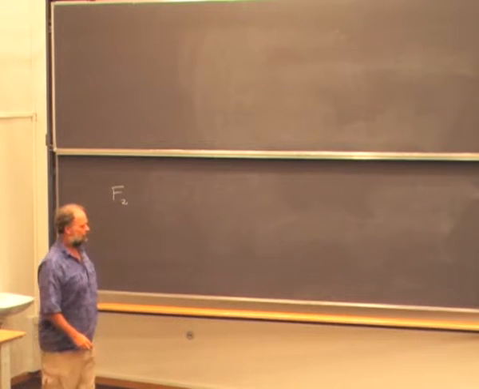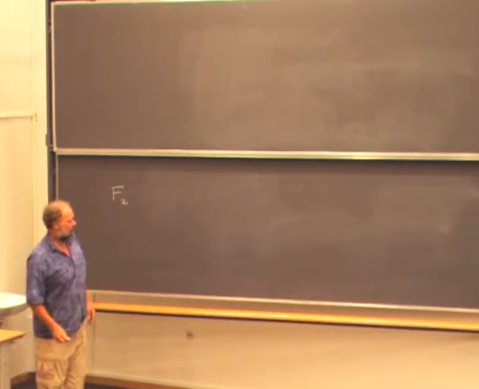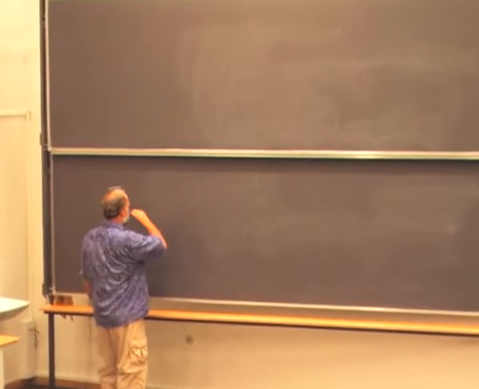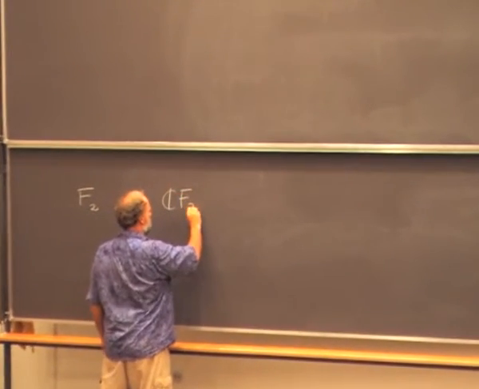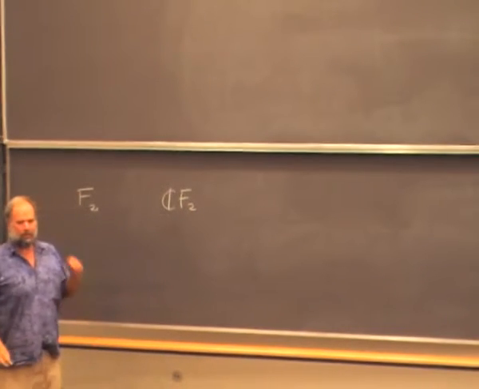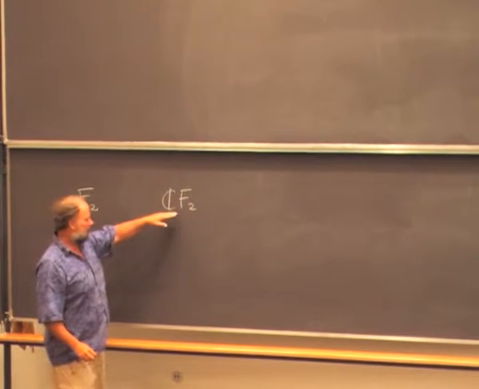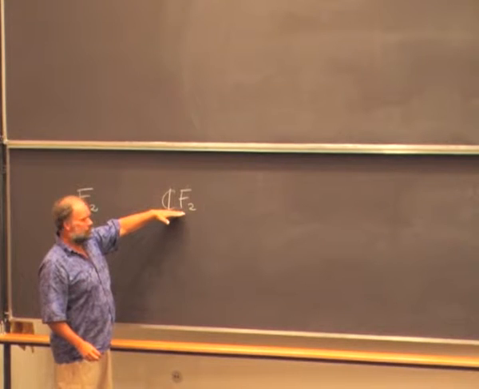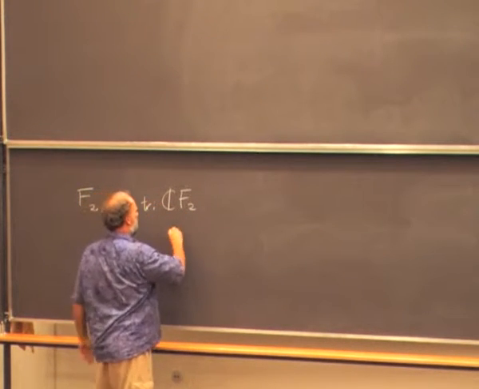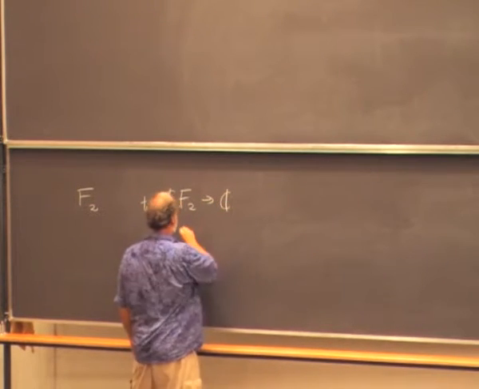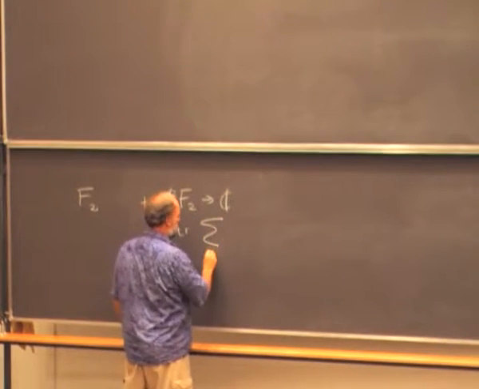But we're going to start with the free group on 2 generators. And we're going to take, let's say, the group algebra of it. So this is the set of all finite linear combinations of group elements, and I'm going to define a trace from this to the complex numbers.